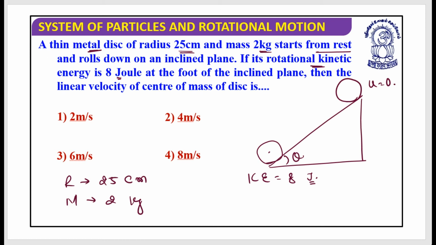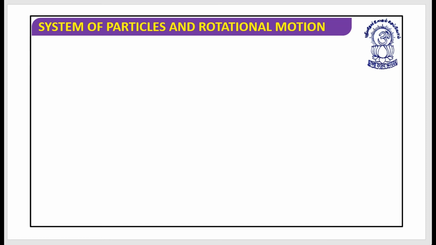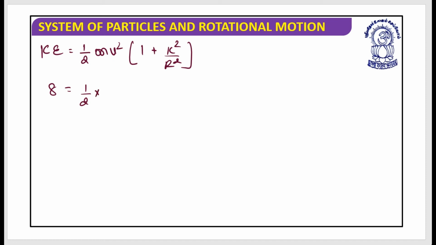How will I do this? What I understood is that kinetic energy equals half mv square into bracket 1 plus k square by r square. So the kinetic energy, 8 joule, equals 1 by 2 multiplied by mass, 2, into velocity, into 1 plus k square by r square.